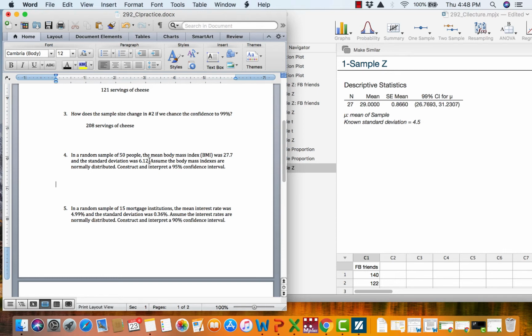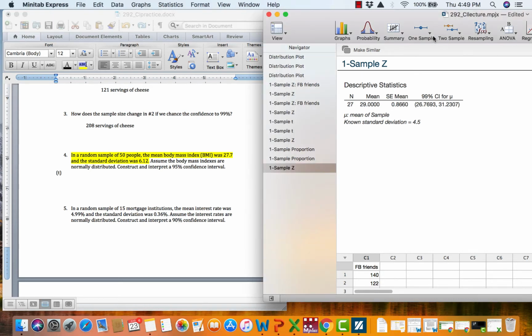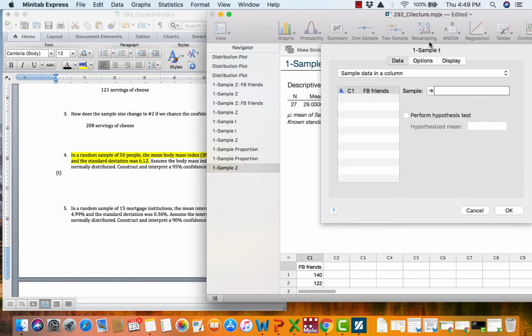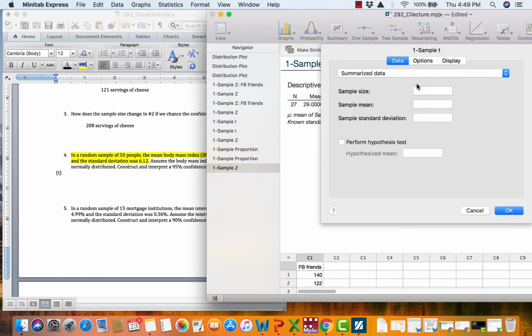Notice this 6.12 standard deviation is in the sentence describing the sample. We do not read the words known, assumed, past studies, population. All right, so this is going to be a T confidence interval. So we go to one sample T. We have summarized data.